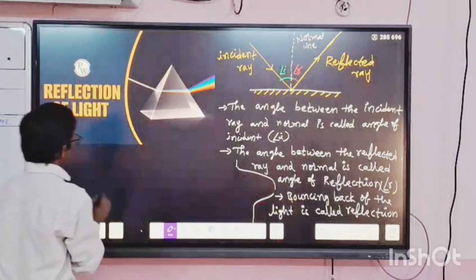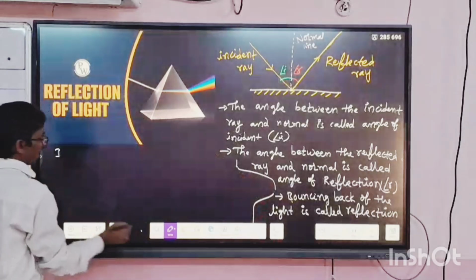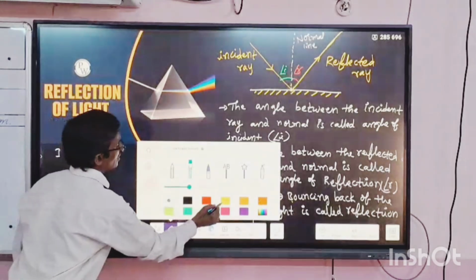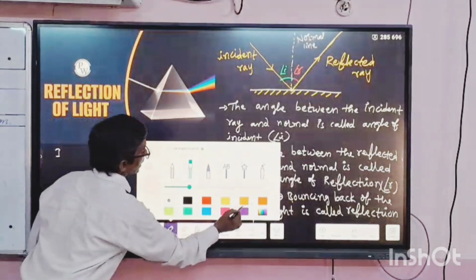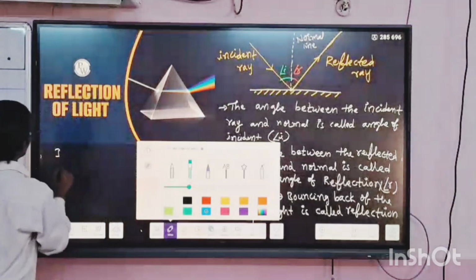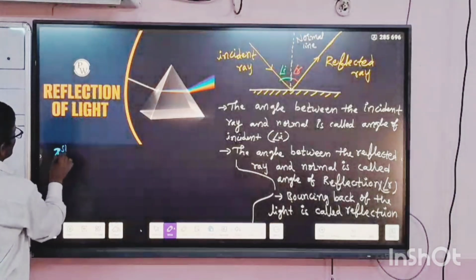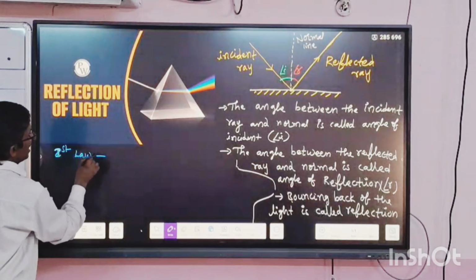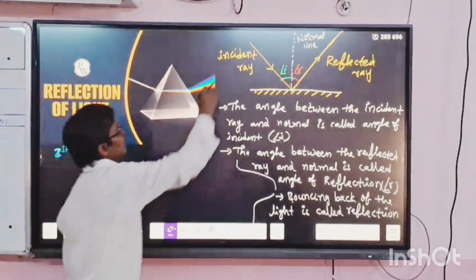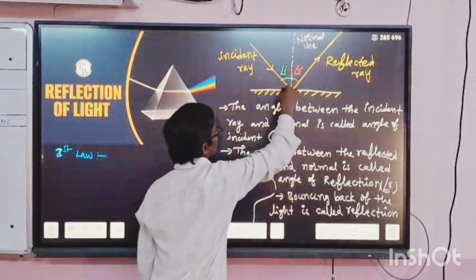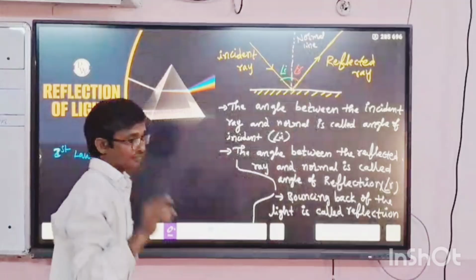What is the first law of reflection? The angle of incidence is equal to the angle of reflection.